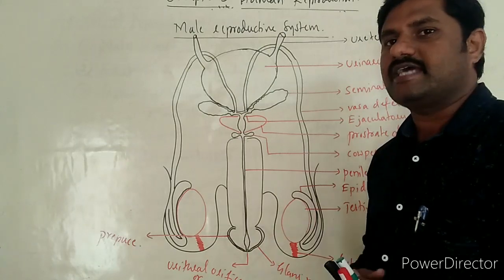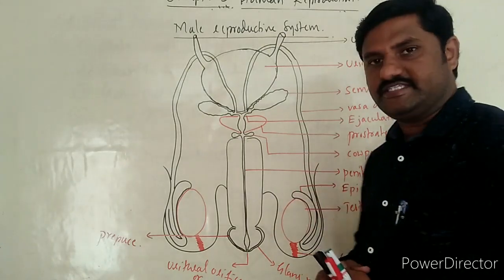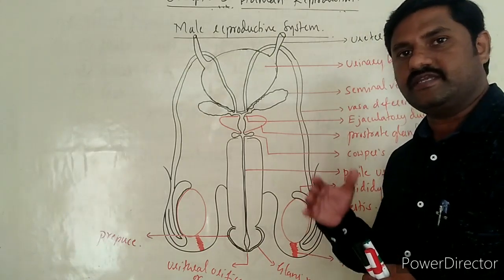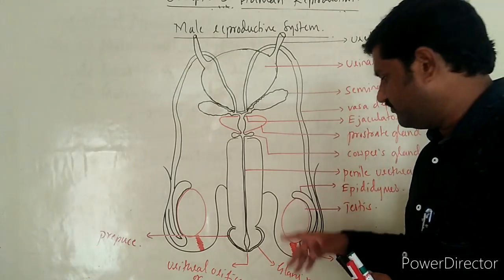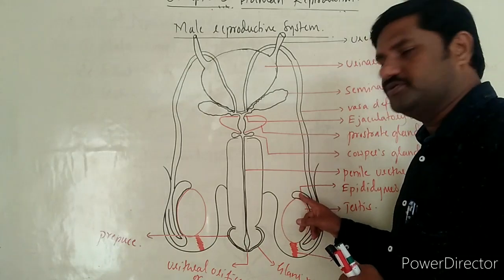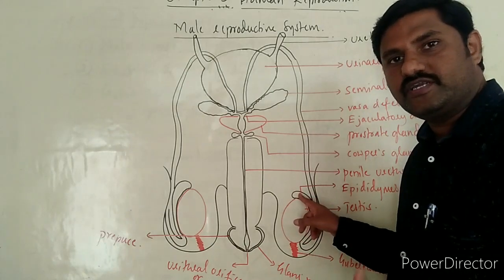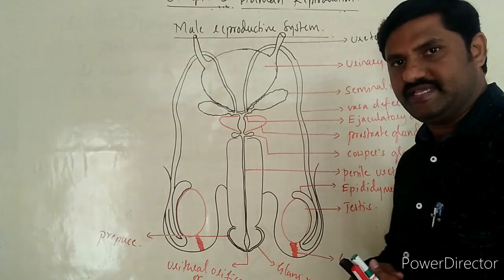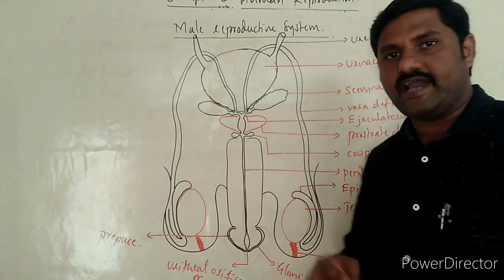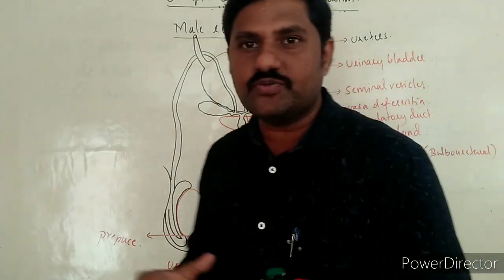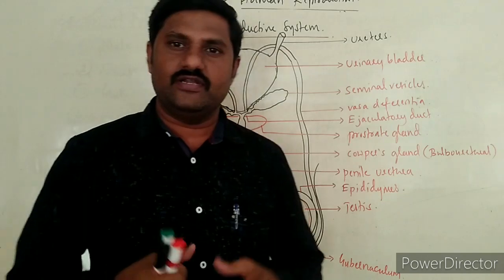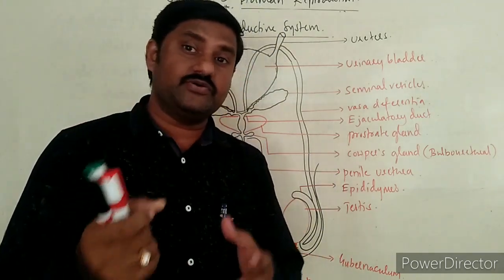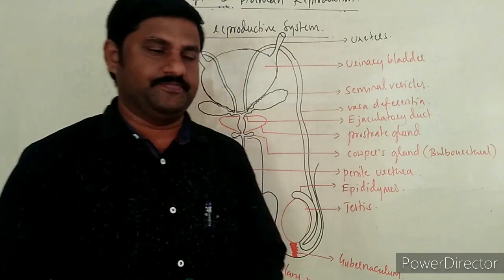Let us start with the testis itself. I explained testis to rete testis to vasa efferentia that opens into the highly coiled tubular structure, the epididymis, and this epididymis has three parts. All these points are to be noted one by one. Very slowly I am going to explain, dear students, so you need to note down all the points, right?